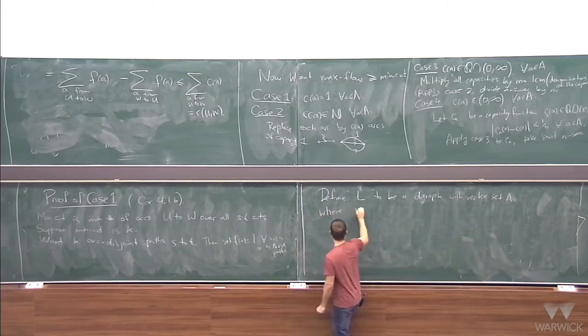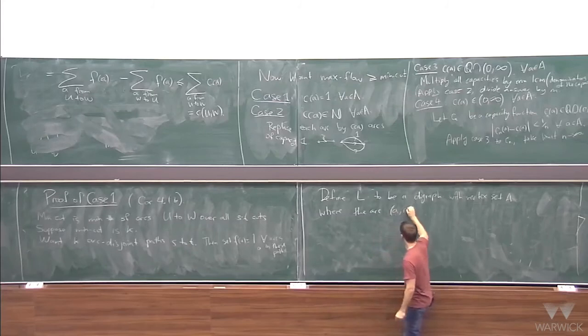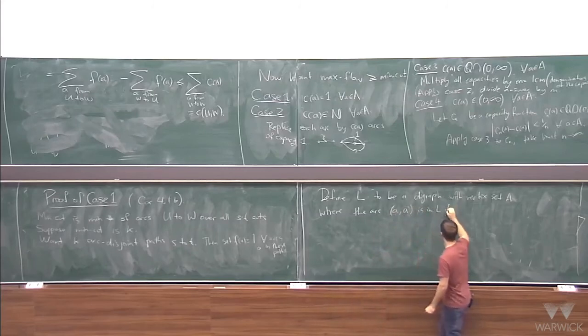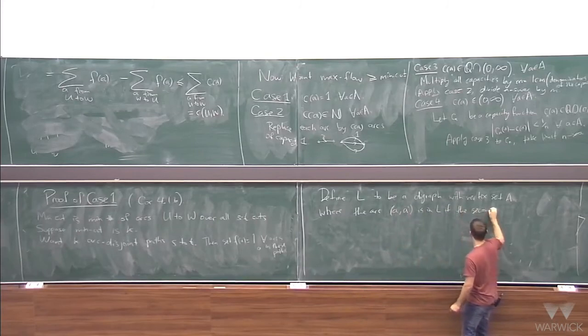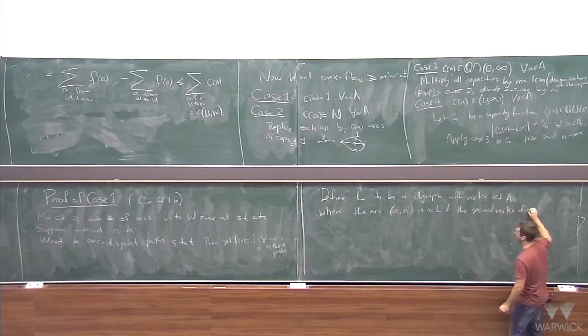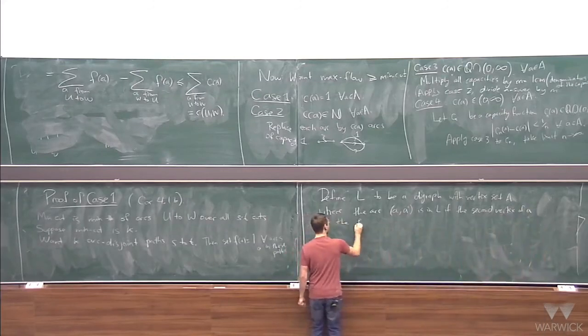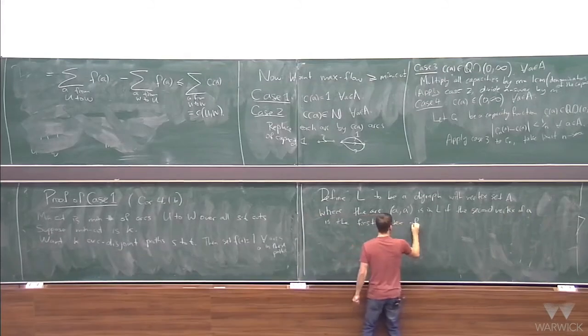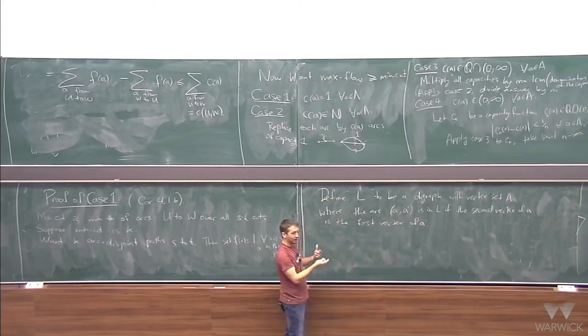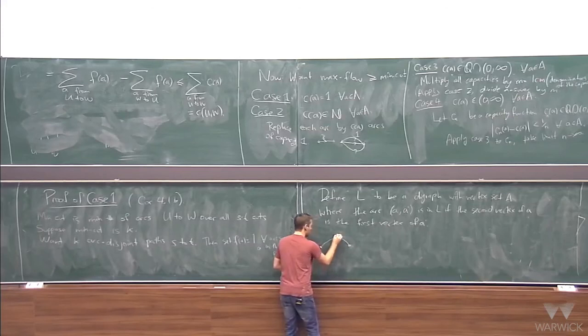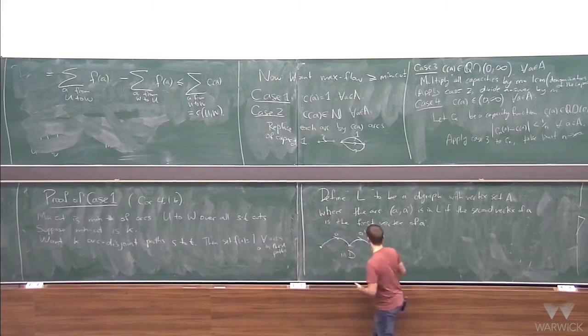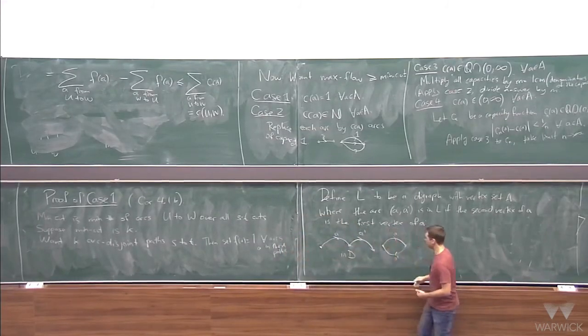The arc, let's say A prime, is in L if the second vertex of A is the first vertex of A prime, where you think of A and A prime as being the actual arcs in D. So if you have the arc A in D, something like this, or something like this, and the second vertex of A is the first vertex of A prime, then in L you join A to A prime.